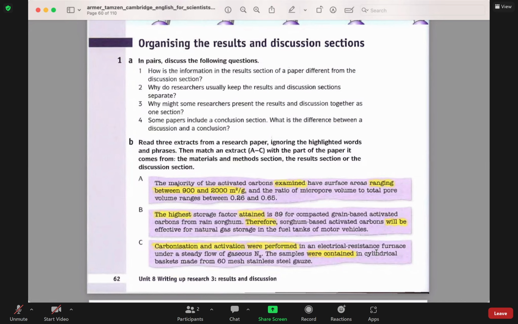Results are objective, what we've got, and the discussion is a subjective explanation of how you understand these results and what the consequences are. Sometimes we have information on what was investigated before us, and in the discussion part we can compare our results with the results achieved by other researchers.